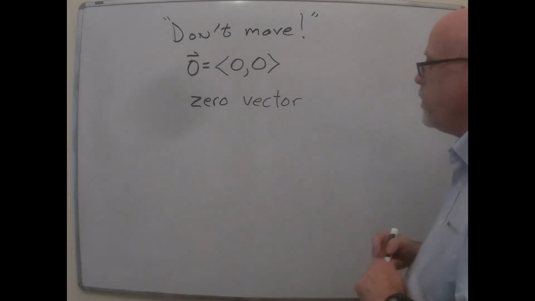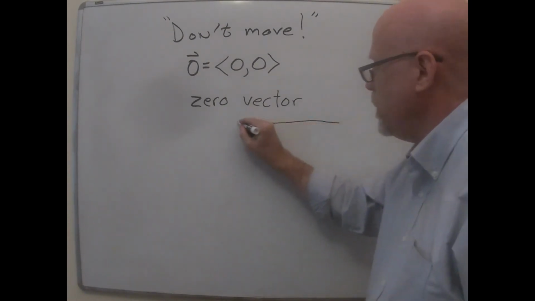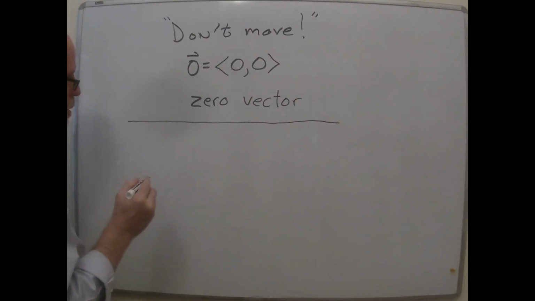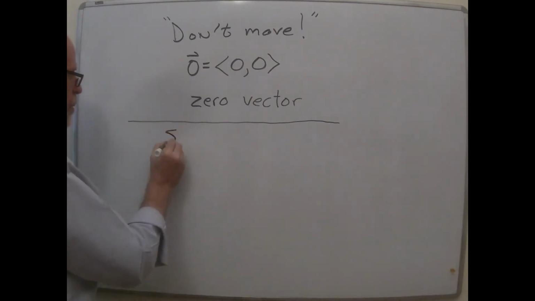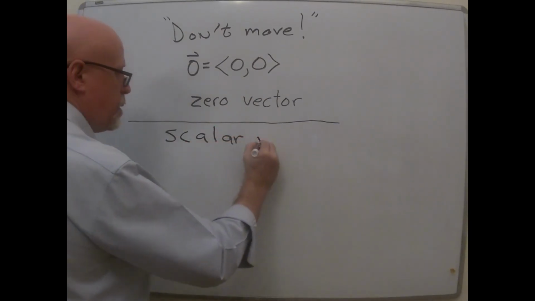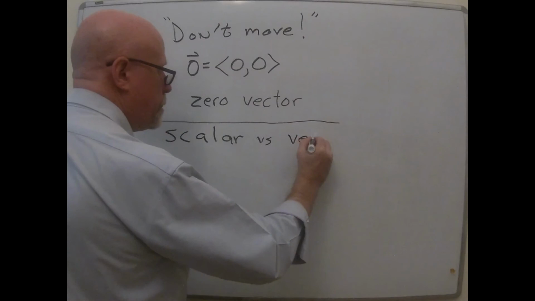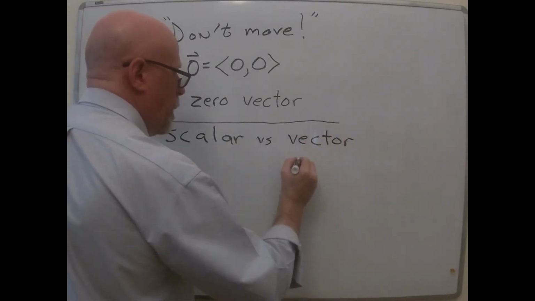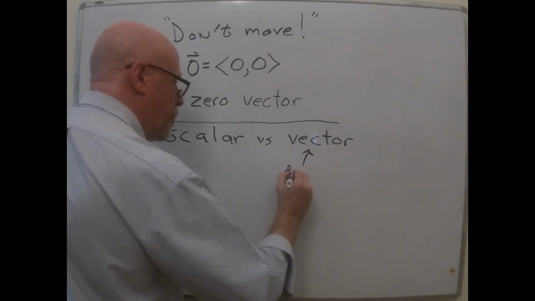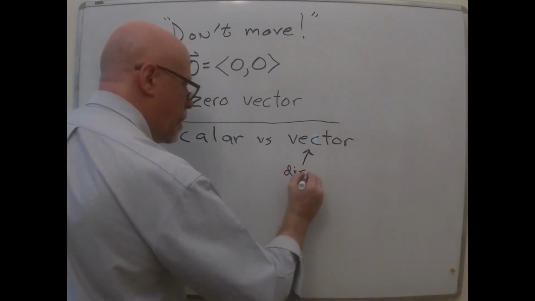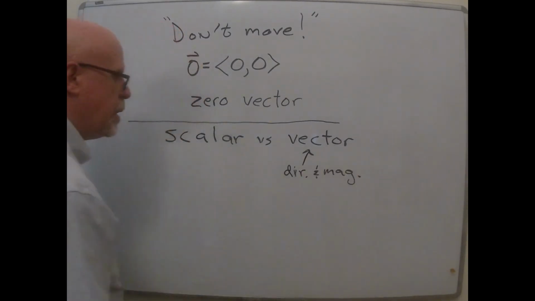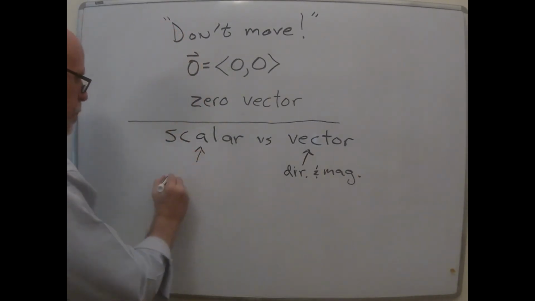There's another concept I want to bring in, because the original distinction we opened with on Wednesday was this, scalar versus vector. These things are what we had said have direction and magnitude. And these guys have only magnitude.